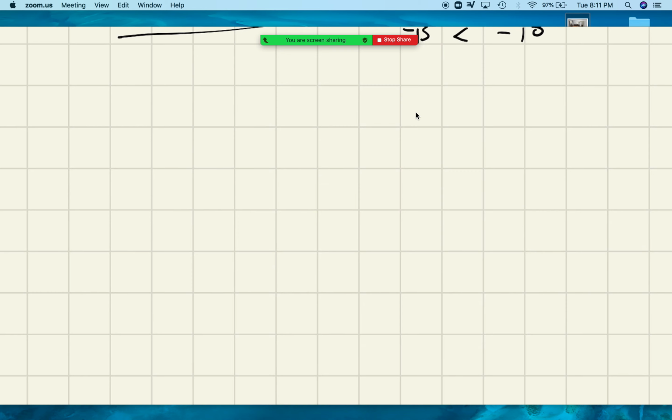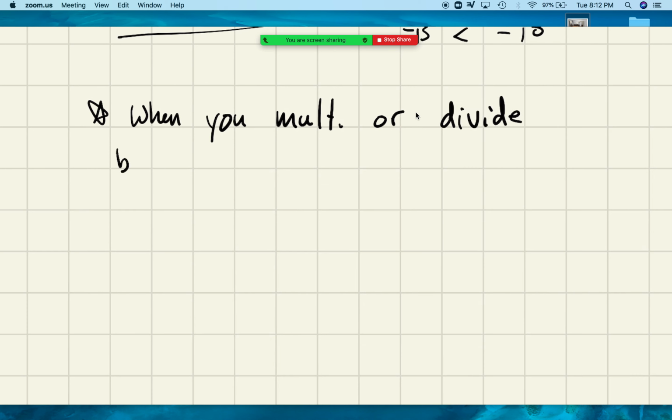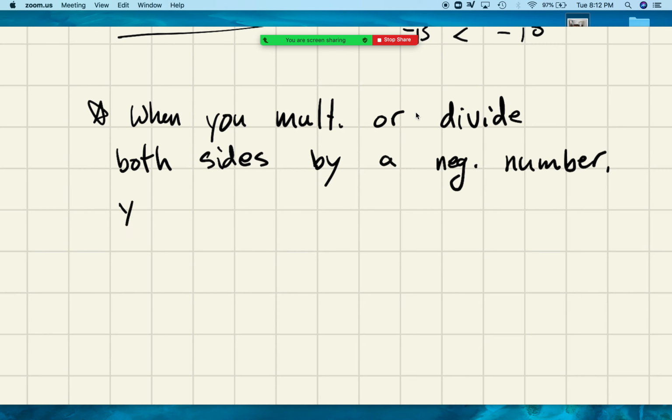However, this is the special rule: when you multiply or divide both sides by a negative number, you have to switch the inequality sign.